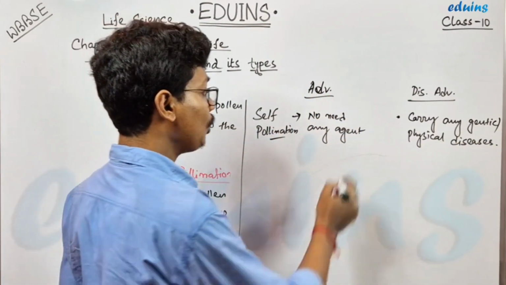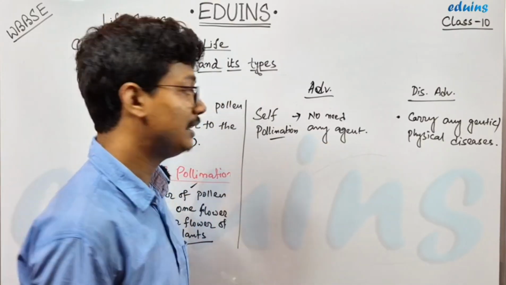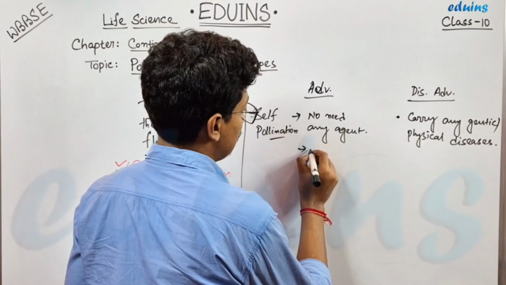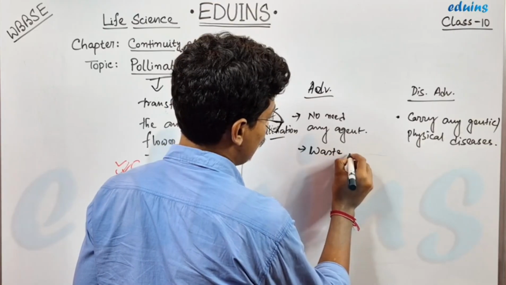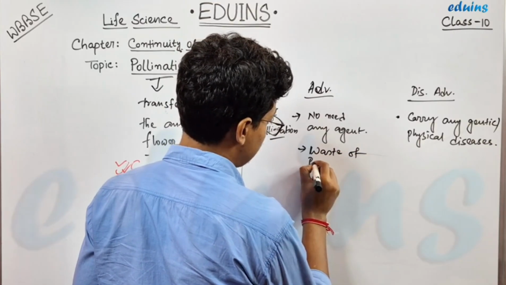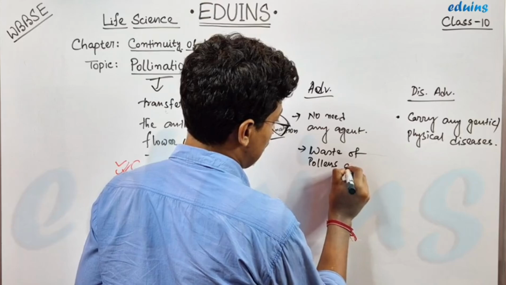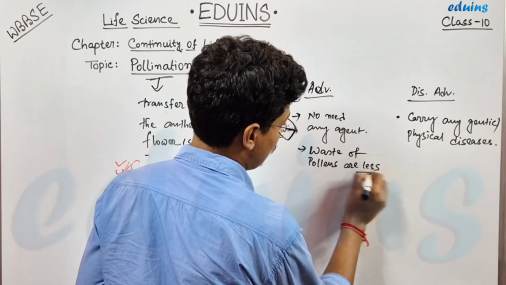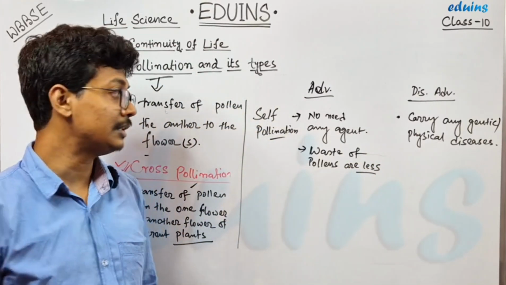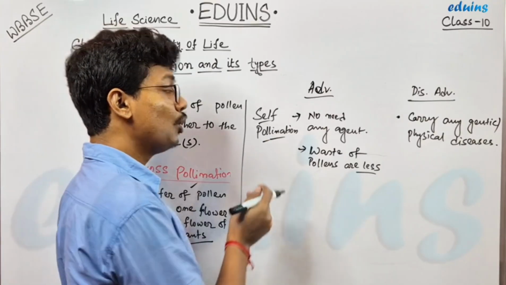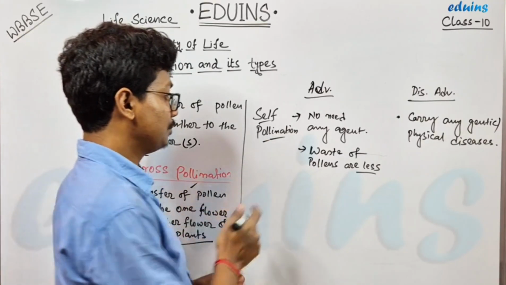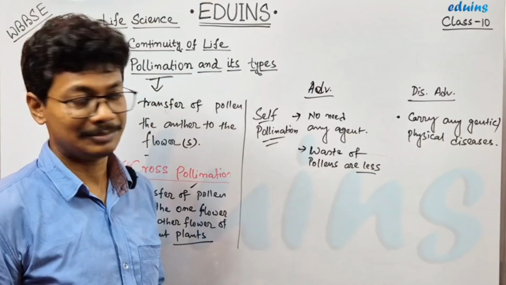Also, another advantage is that the wastage of pollen is less, because it is transferred through the self. So many pollen grains are not needed.